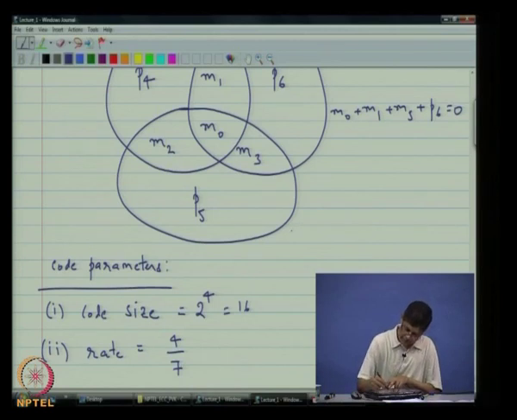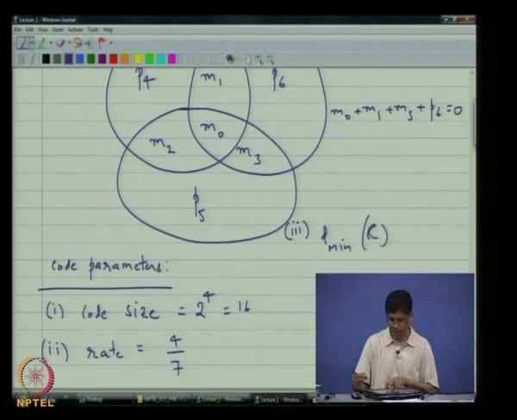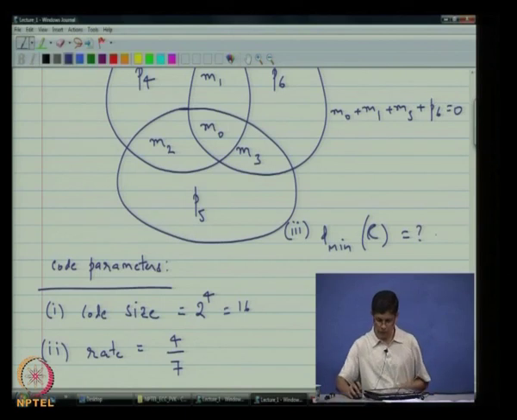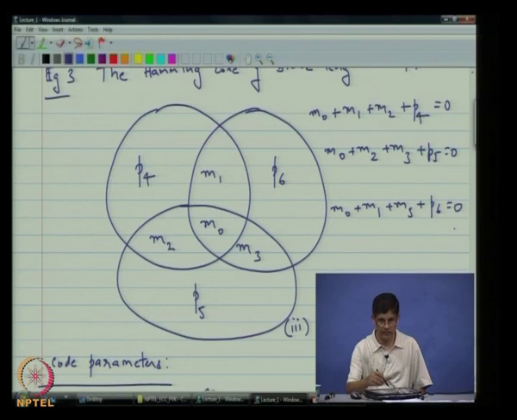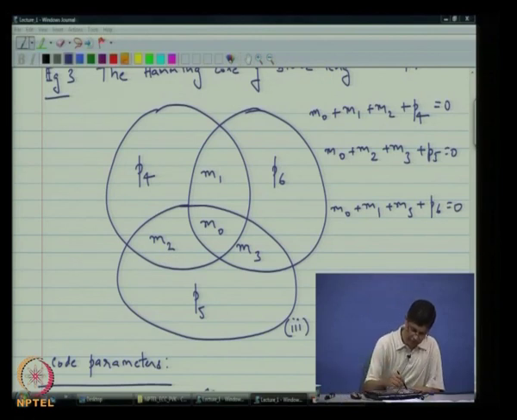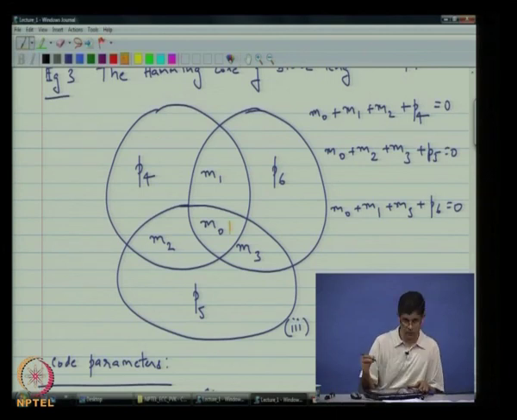The third parameter is the minimum distance of the code. What is the minimum distance of the code? The minimum distance really is asking the question, let us assume that someone has put down a certain set of symbols. Let me take a particular example, I will put it down in red. Let us say for example that I chose the message symbols to be 1, 0, 1 and 1.